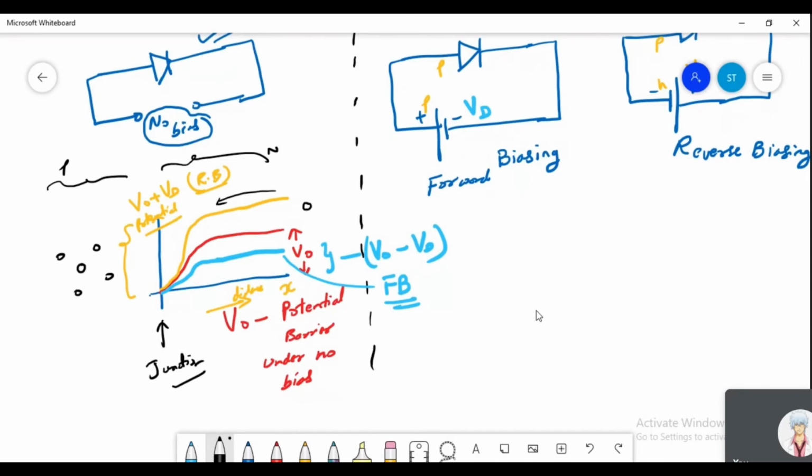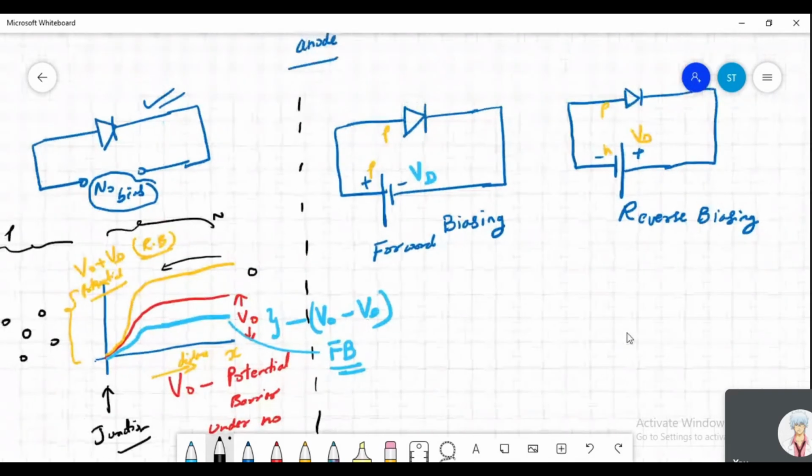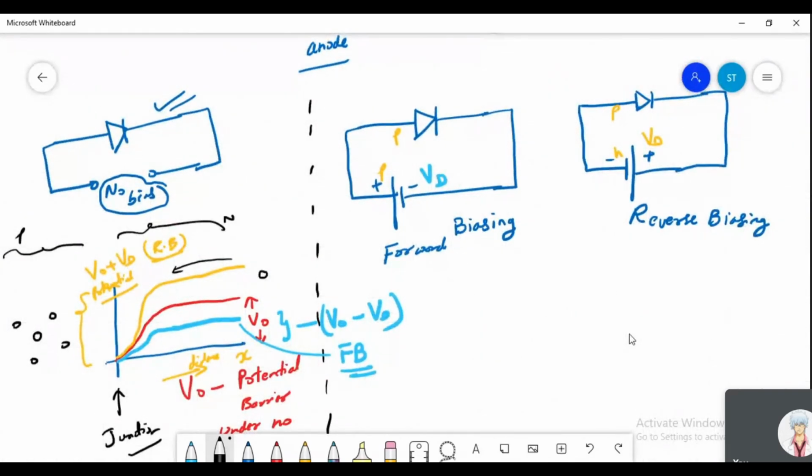Their polarity is such that this barrier is actually assisting their flow, and that's why under reverse biasing there is also a current flowing through the diode, and that current is small in quantity, but there is a current flowing.